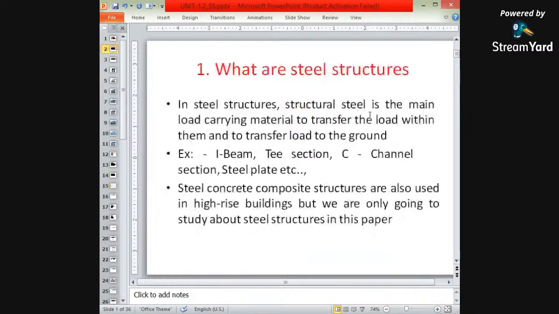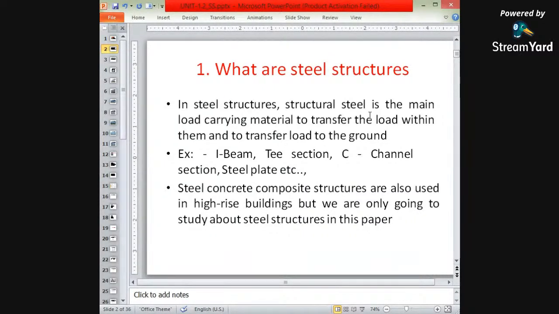So what are steel structures? In steel structures, structural steel is the main load-carrying material, used to transfer the load within the structure and to transfer the load to the ground. Because, as we have already seen in RCC structures, the load is transferred from slab to beams, beams to columns, and columns to foundations.